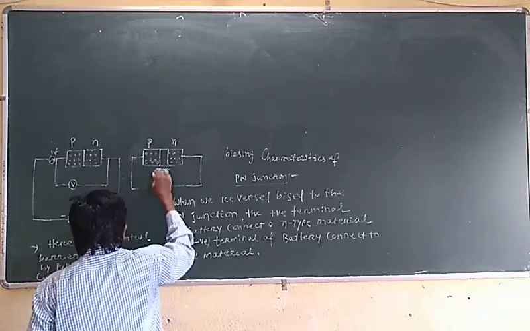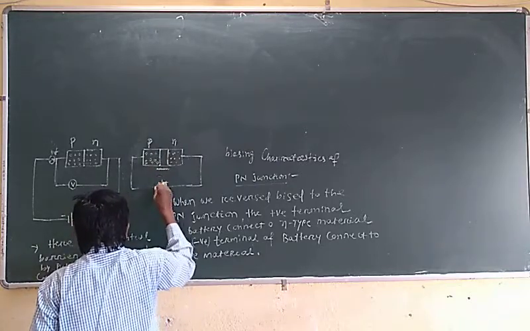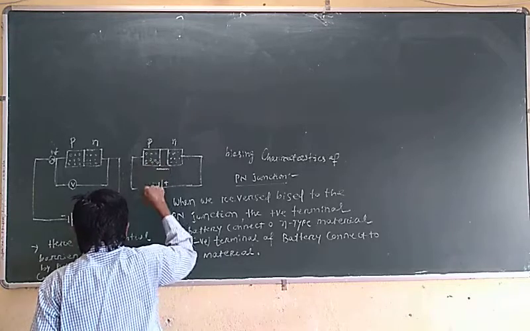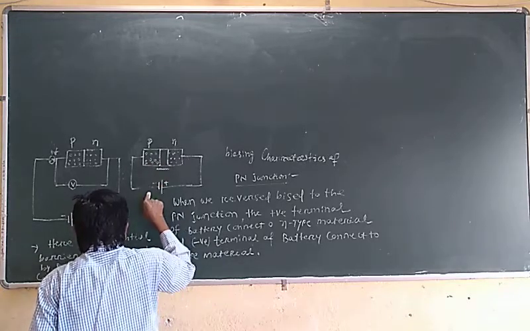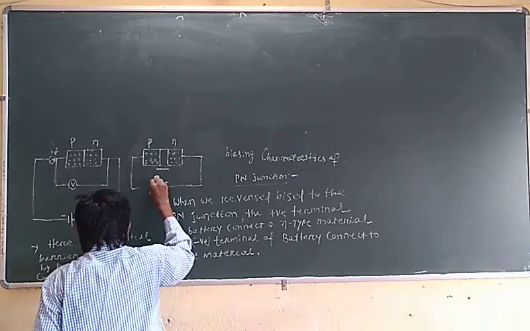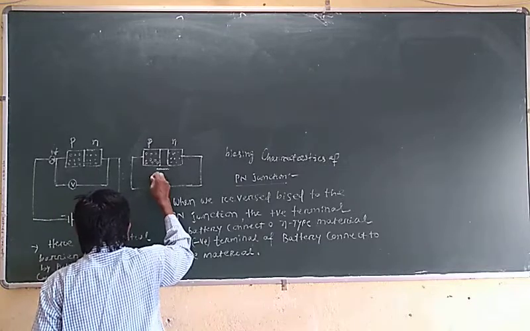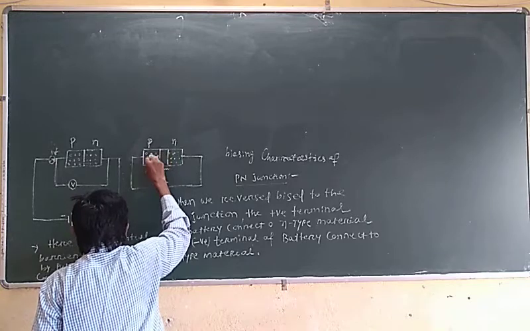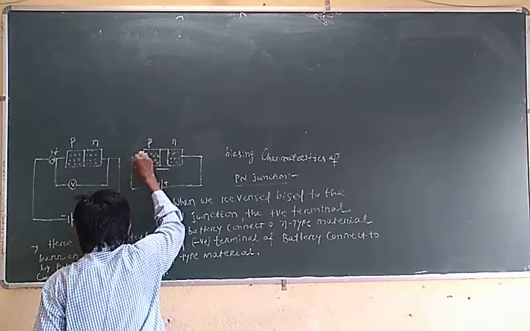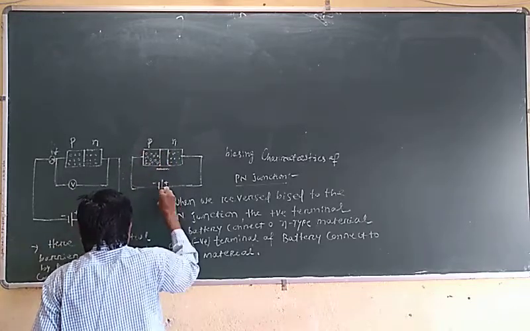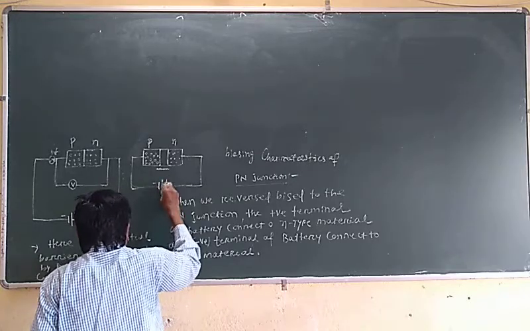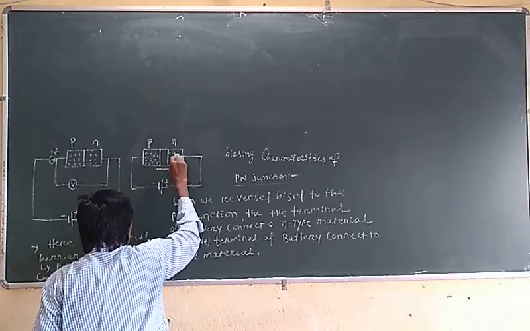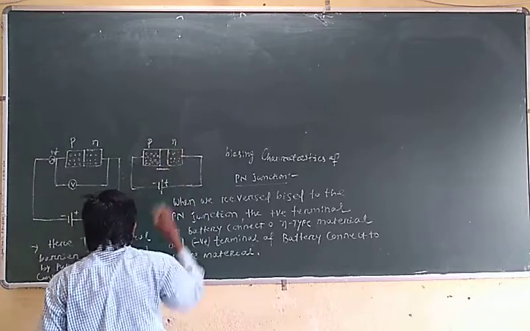By this connection, the negative terminal pulls all the majority holes towards the battery, and the positive terminal of the battery pulls all the electrons from the junction.